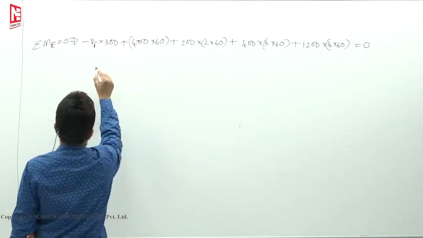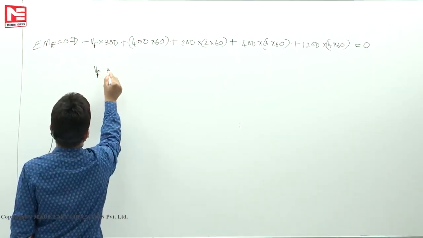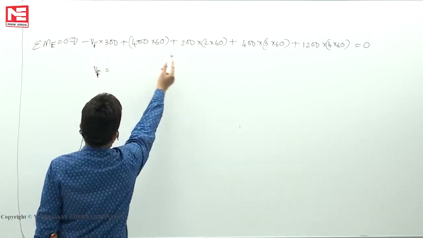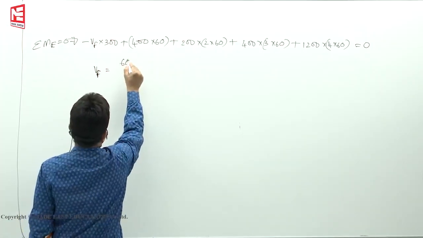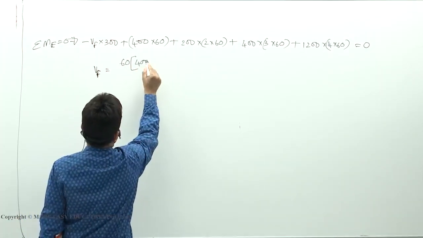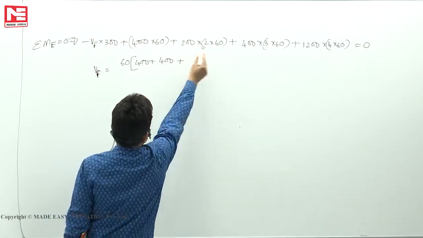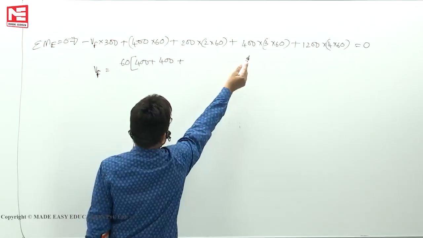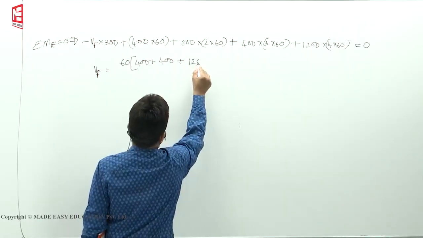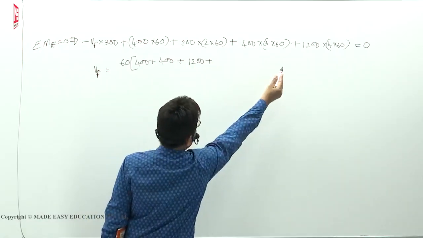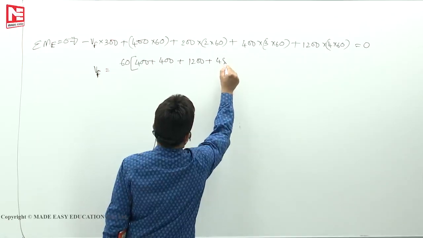Next, what is Vf? If I take 60 common, 400 plus 200 into 2, 400, plus 4 into 3, 1200, then 12 into 4, 48.